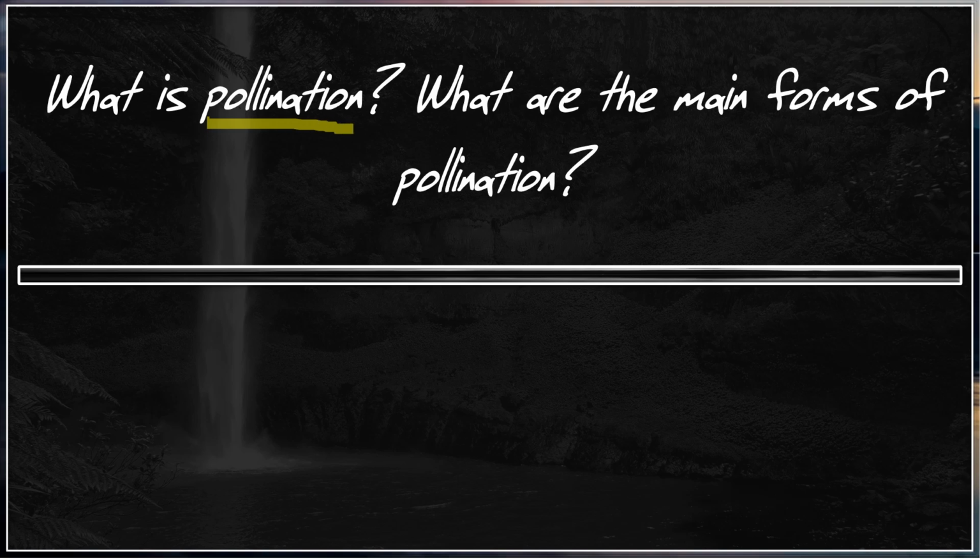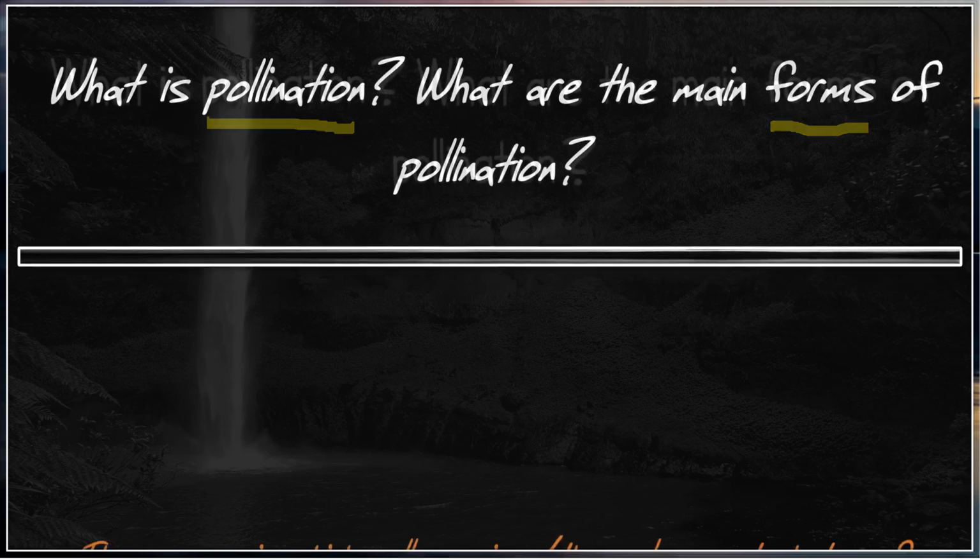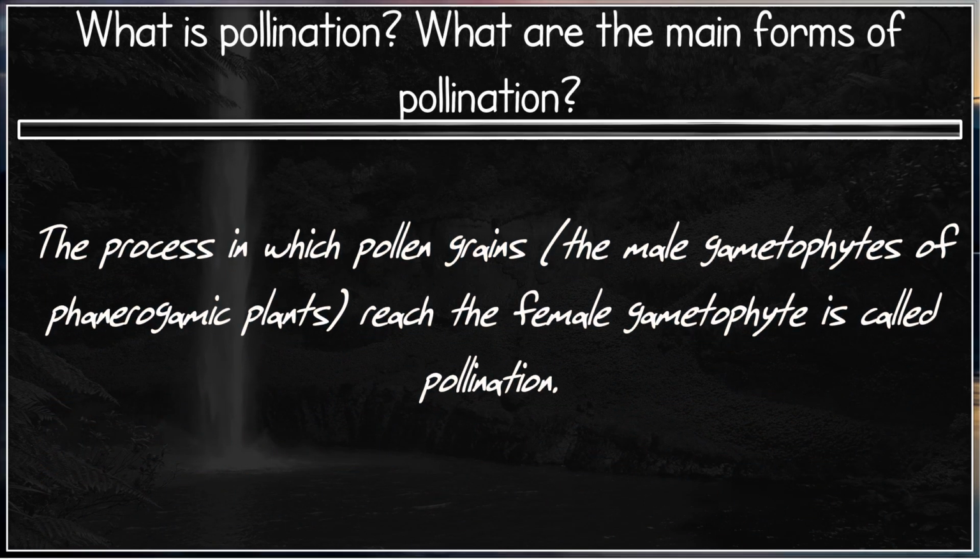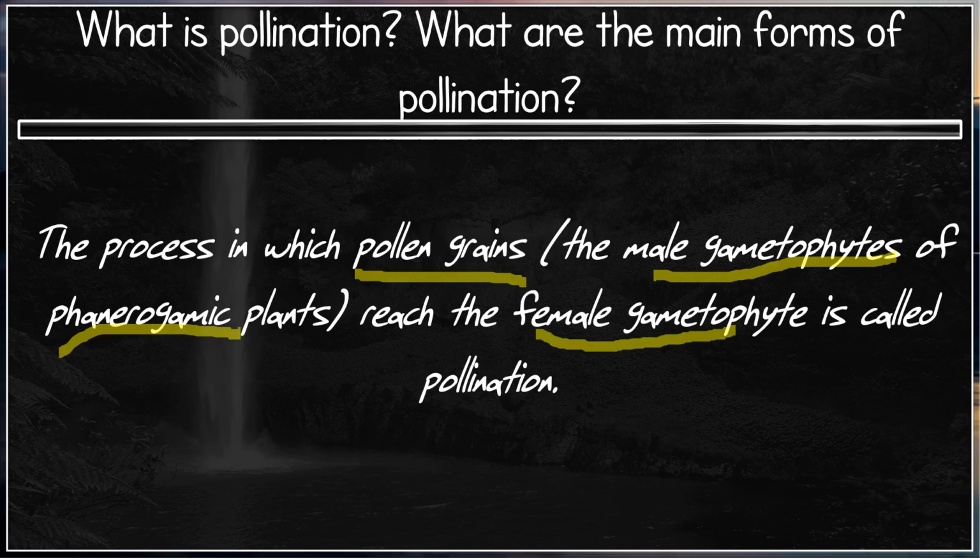What is pollination? What are the main forms of pollination? The process in which pollen grains, which are the male gametophyte of the phanerogamic plants, reach the female gametophyte is called pollination.